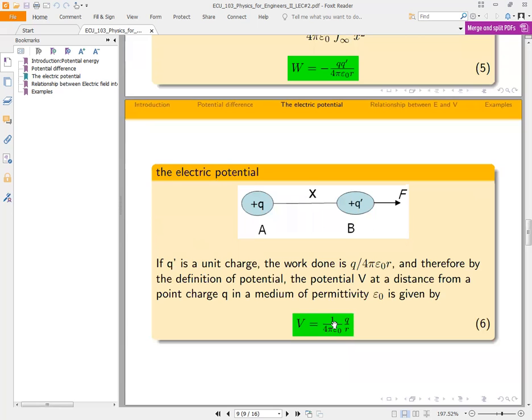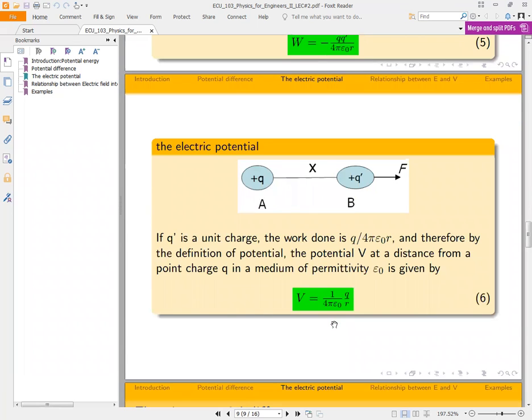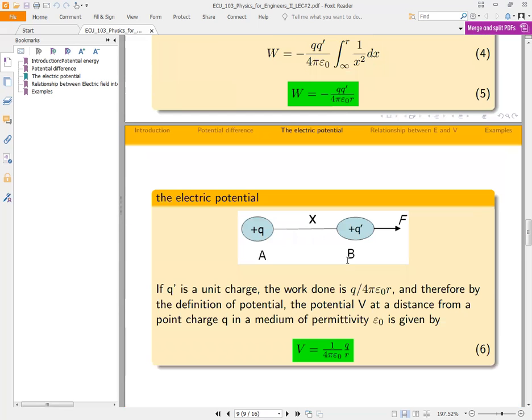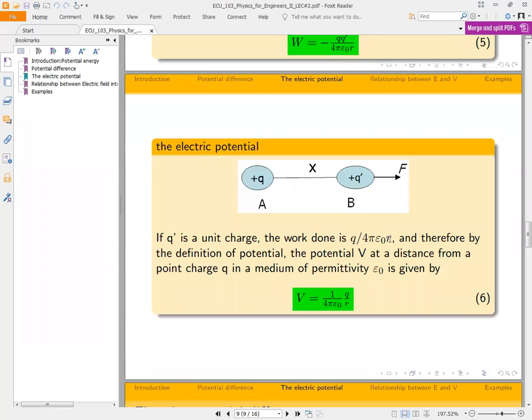Now, let's look at the electric potential, what is measured in volts. So we say if Q prime is a unit charge, that means the value is 1. The work done, let me go back to equation number 5 here. If Q prime is 1, when you substitute 1 for Q prime, you will get the same expression as number 5, except that you'll only have 1 Q, and that is what you have here.